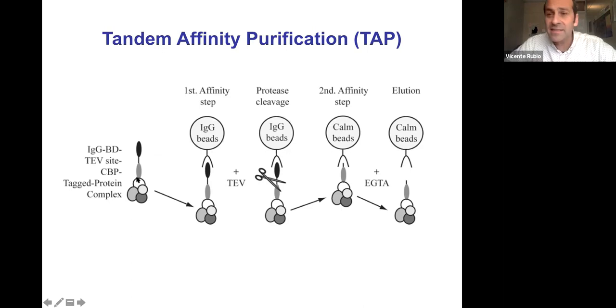So in my case, I try to apply it to the identification of protein complexes in Arabidopsis or other plant systems. And here what you will do is fuse your protein of interest to different epitopes. After the first affinity purification step, using one of the epitopes, usually the IgG binding domain, and after washing, you can elute your proteins by cleavage with a specific protease for which you have a target site in your epitope.